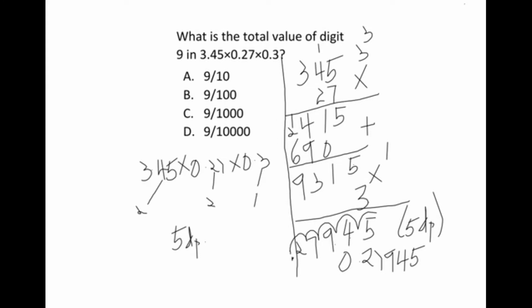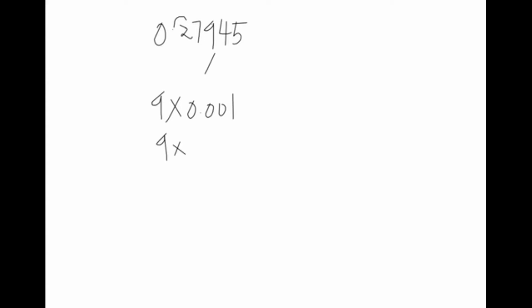The question was, what is the place value of 9? So we have 0.27945. So this is our 9. So we have 9 multiplied by, we have 1, 2, 3, so 0.001, which is the same as 9 times 1 over 1000.